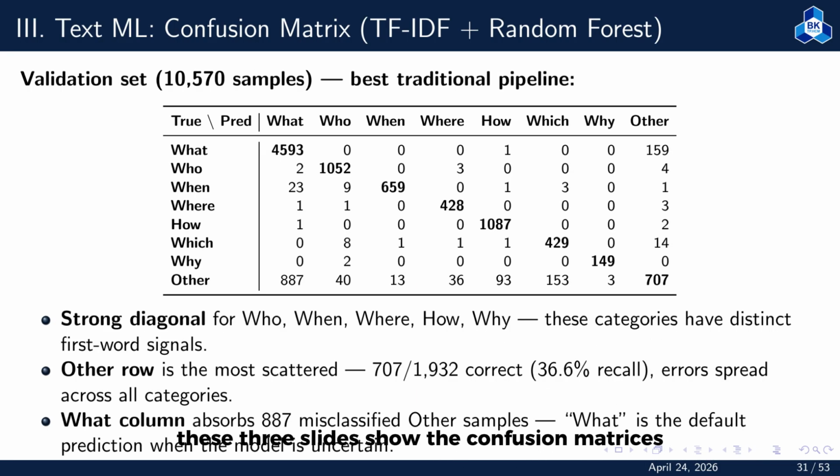These 3 slides show the confusion matrices for all 9 traditional pipelines, grouped by feature type. Looking at the TF-IDF group, as accuracy improves from logistic regression to random forest, the what column absorbs fewer other errors, from 677 down to, well, still 887 for random forest. Interestingly, random forest concentrates errors differently. It pushes more other samples into the what column specifically because it becomes more confident in its predictions.